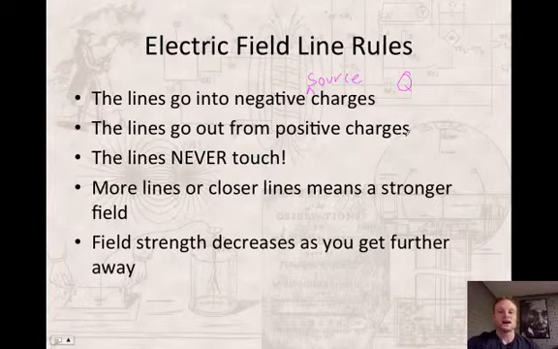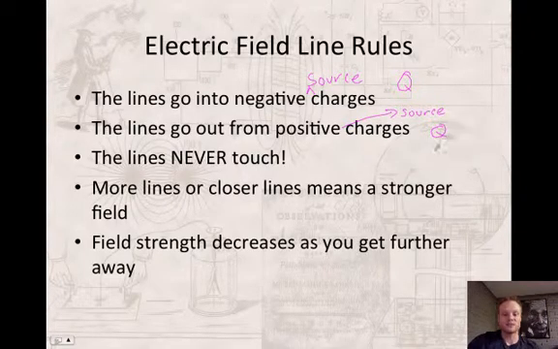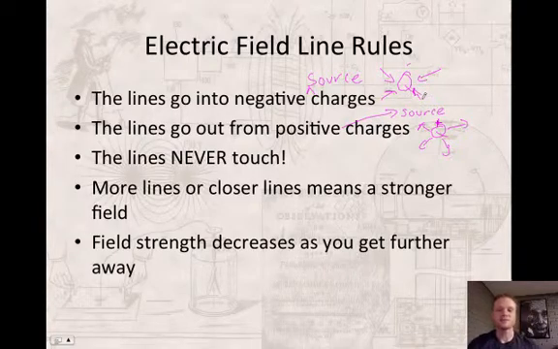Okay, the lines will go out from positive, and I should really have in here, source charges. Okay, again, big Q. So if you have a positive big Q, that's going to be pushing out from it. If you have a negative big Q, they're going to be heading in towards it. Okay, and that would just make sense because basically if you put a positive test charge in this electric field, it's going to be drawn in towards big Q.